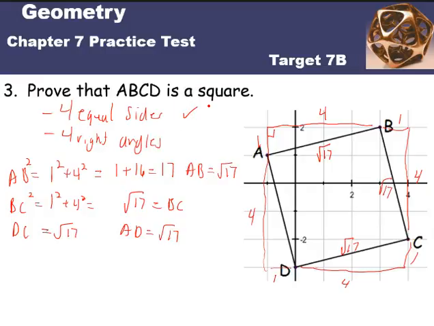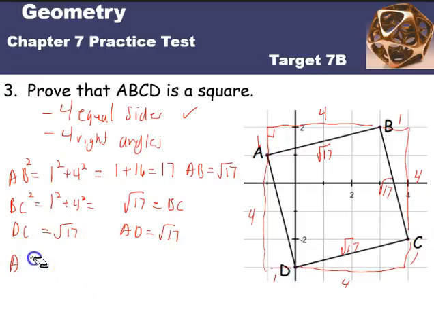Okay, now I have to show 4 right angles. So to show right angles, I'm going to show that the sides are perpendicular. And remember, sides are perpendicular if their slopes are negative reciprocals of one another. So I'm going to look at the slope of AB.